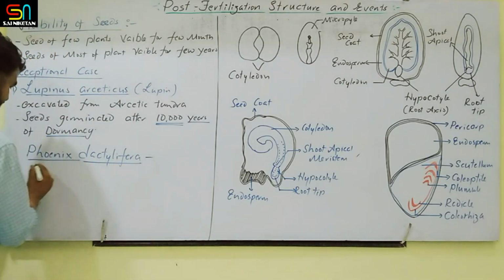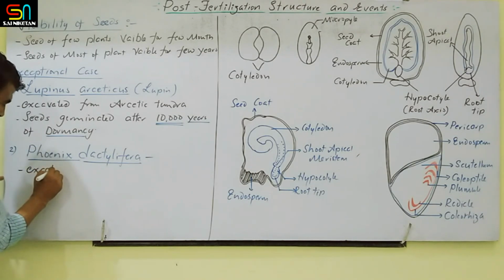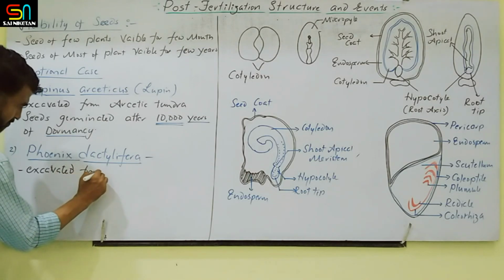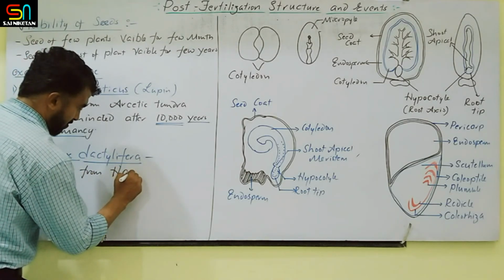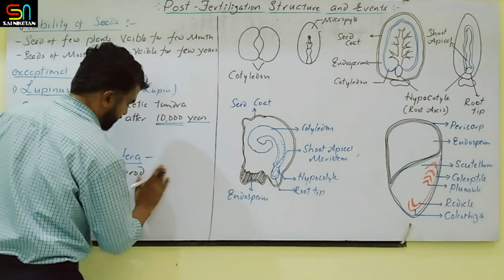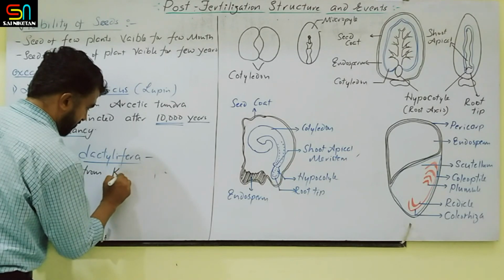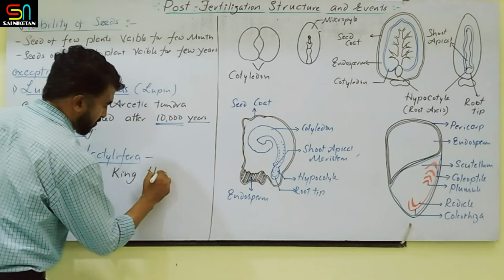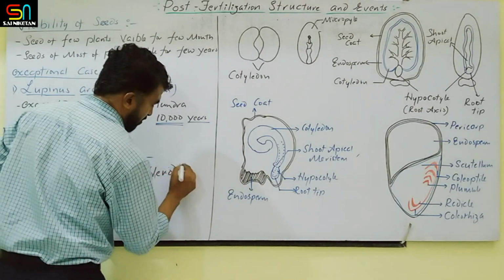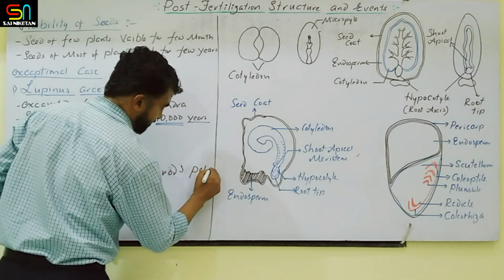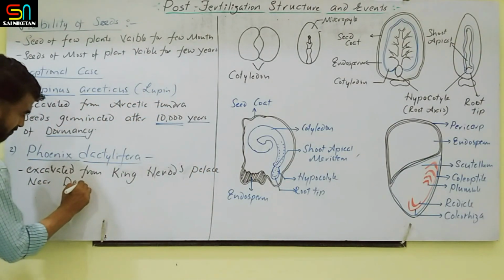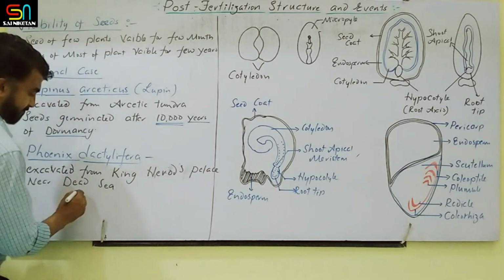The seeds were excavated from King Herod's Palace near the Dead Sea.